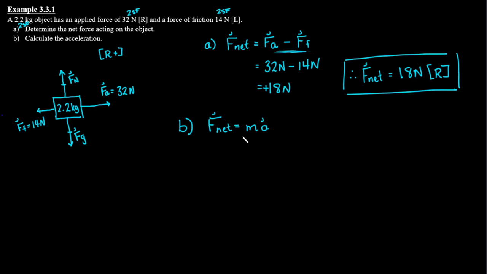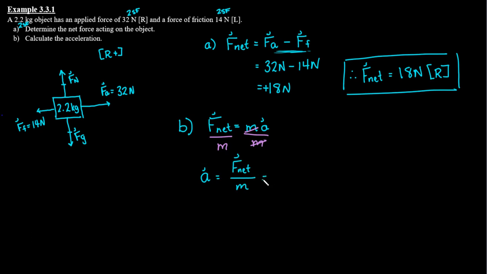So now that we know the net force and we know the mass, we can solve for what the acceleration of the object is by dividing both sides of my equation by mass. So that means the acceleration of the object is going to be equal to the net force divided by the mass of the object.